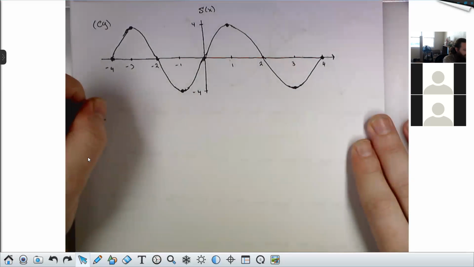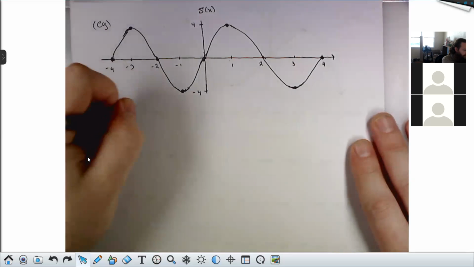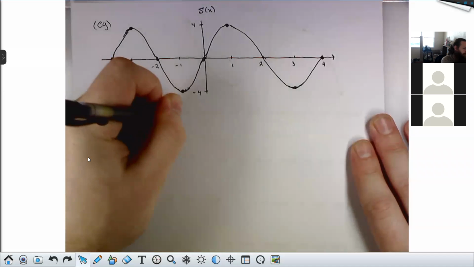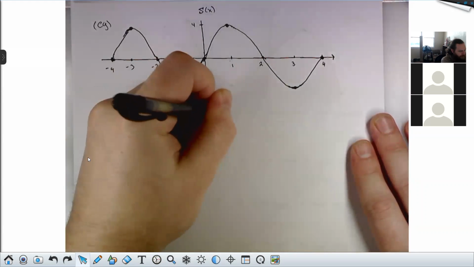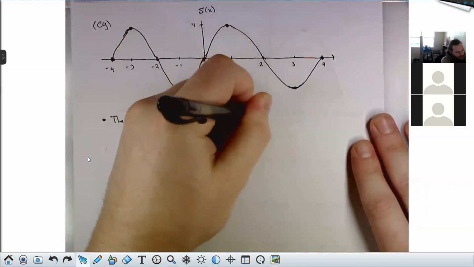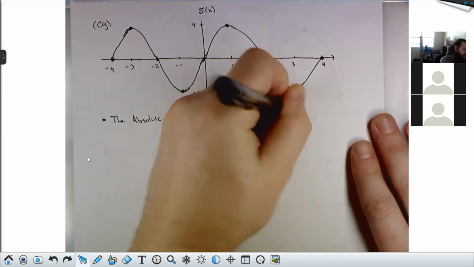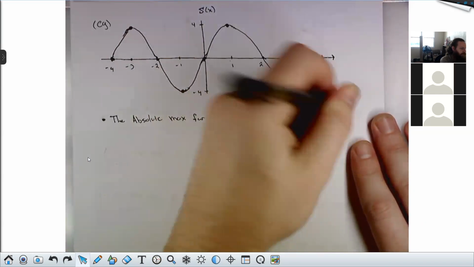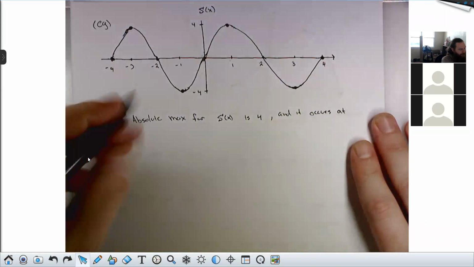So one way I could phrase what's going on here, I could say that the absolute max for the function s of x is 4, and it occurs at -3 and +1.